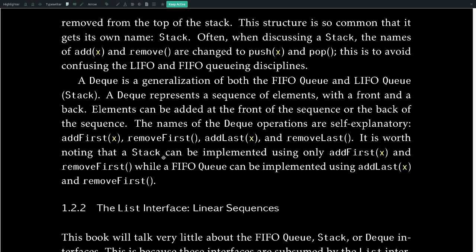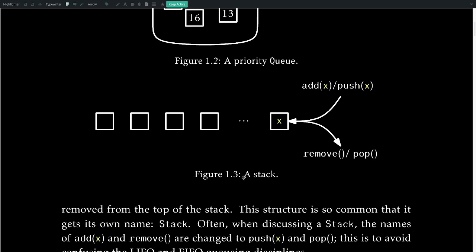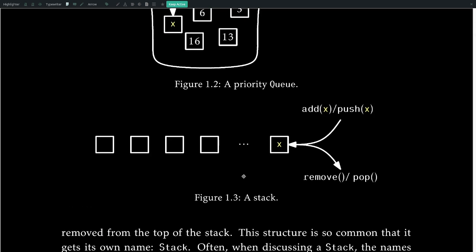Using add last and remove first, you add something, first in, first out. But why would you add it to the end and then remove? Hold up. Add, push, remove, pop.